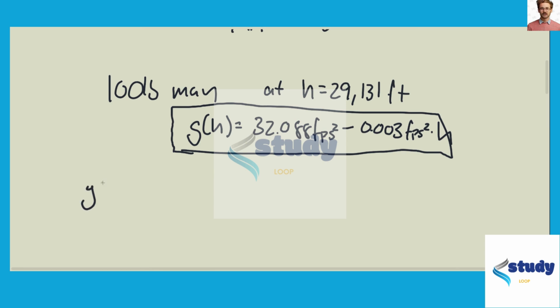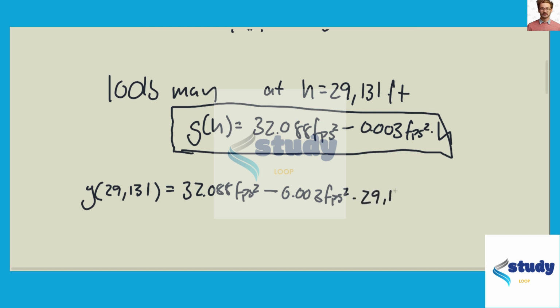We're saying g of 29,131 equals 32.088 feet per second squared minus 0.003 feet per second squared times 29,131. And what is the gravity that we get out? Plug this into a calculator.